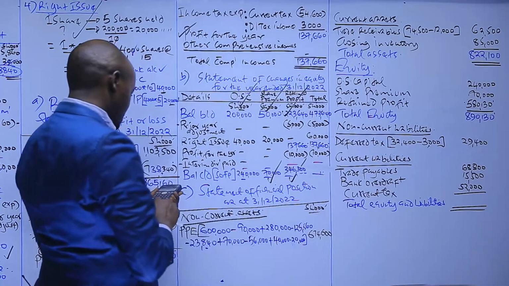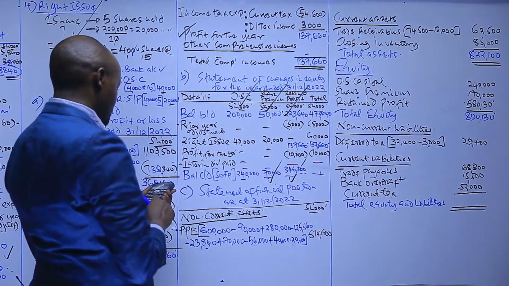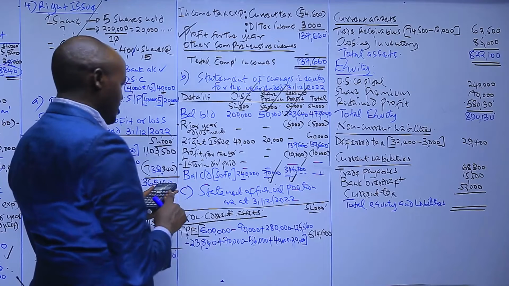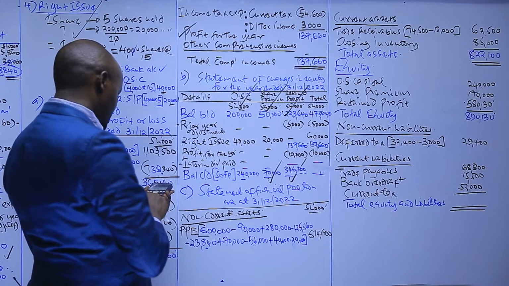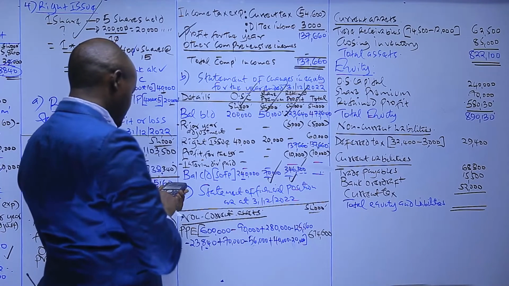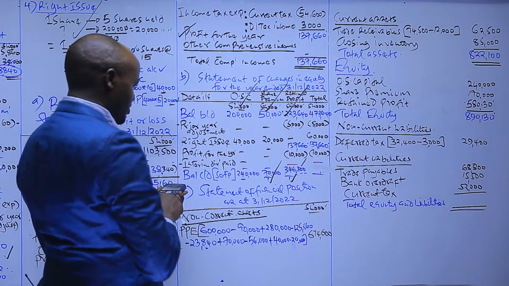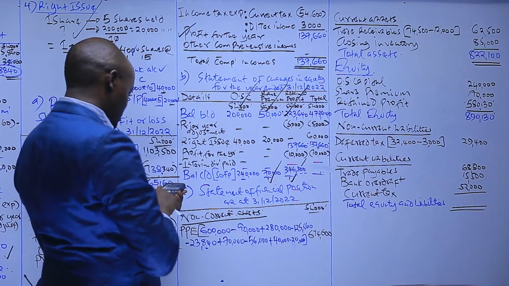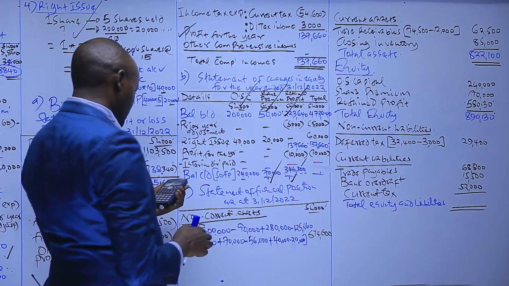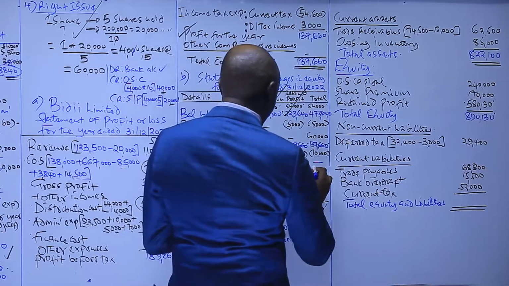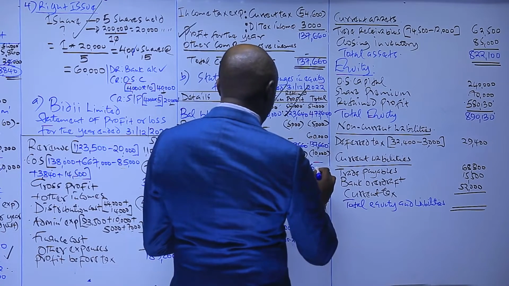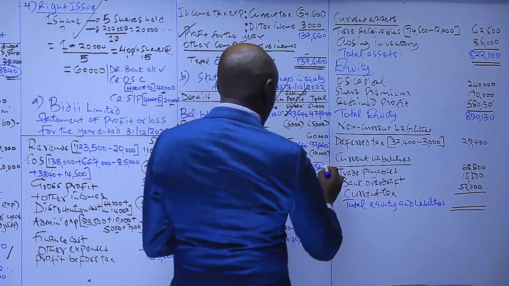So we can work out that we take 346,300 plus the 70,000 which we have here, plus 240,000. 240,000. So that will give us now the correct figure here of 656,300.